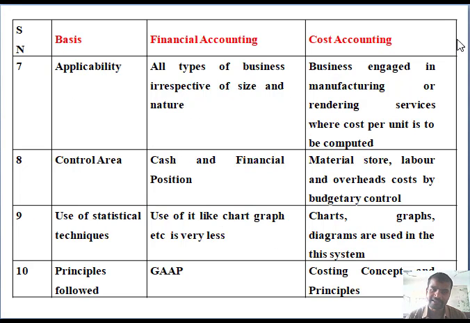The next difference is applicability. Financial accounting is suitable for all types of business, irrespective of size or nature. But in case of cost accounting, the business is engaged in manufacturing or rendering services where cost per unit is to be computed.